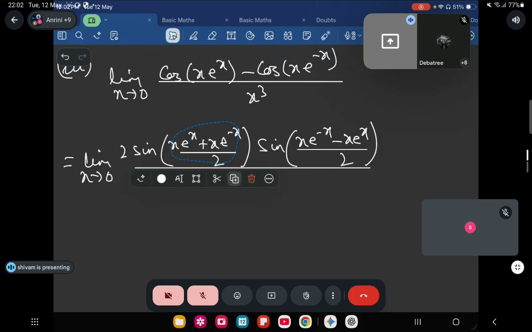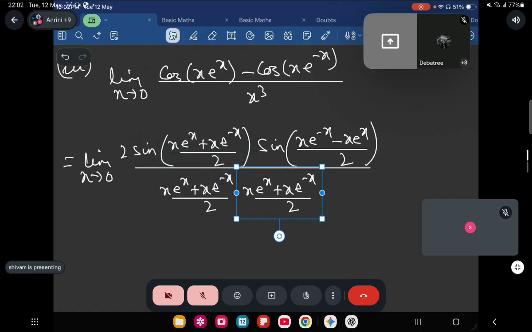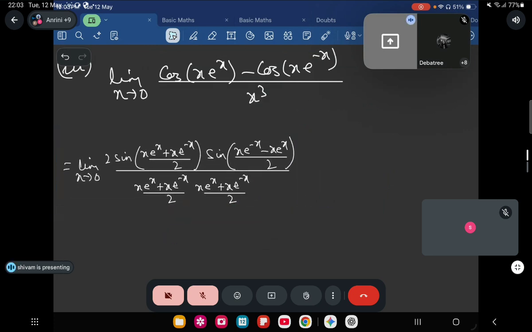But when you are dividing by this whole thing, you have to multiply by this whole thing also. Tell me, are you people getting it? Anyone having any doubt, you can ask me. Let us multiply by this whole thing.